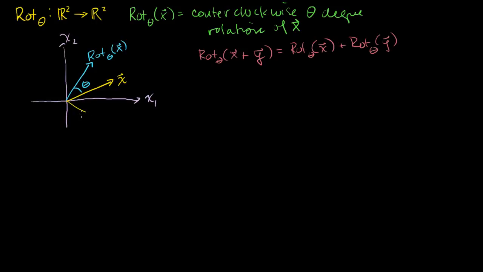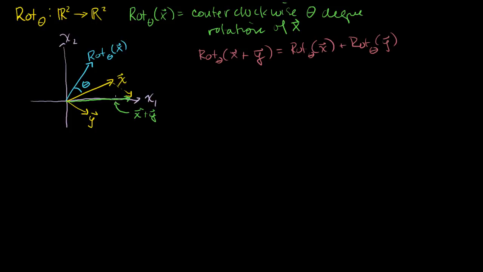So what's x plus y? Let's put heads to tails. If we just shift y up there, that's also vector y, not drawn in standard position. Then x plus y would look like that.